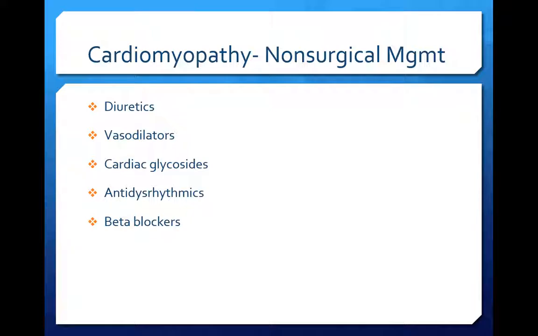And antidysrhythmic drugs or implantable cardiac defibrillators can be used to control life-threatening dysrhythmias. Beta blockers can be used to decrease sympathetic stimulation, prevent tachycardia. And obviously, if the cardiomyopathy has developed in response to a toxin or alcohol, you need to avoid further exposure to that toxin.